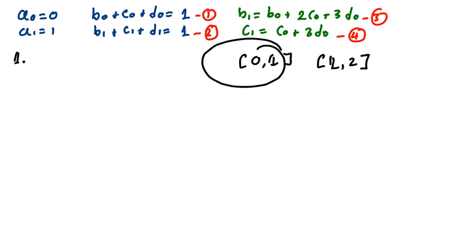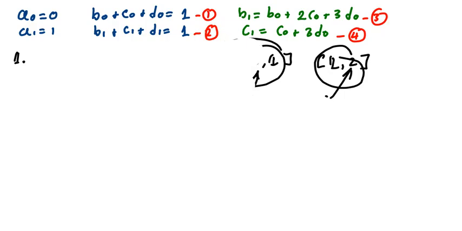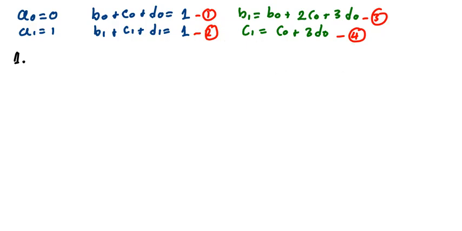This one is for s naught, this is for s sub 1. So you're just applying s naught at 0 and s sub 1 at 2. Those are the boundary conditions, but what's different is that those from the previous video were the natural conditions, but these are clamped boundary conditions.